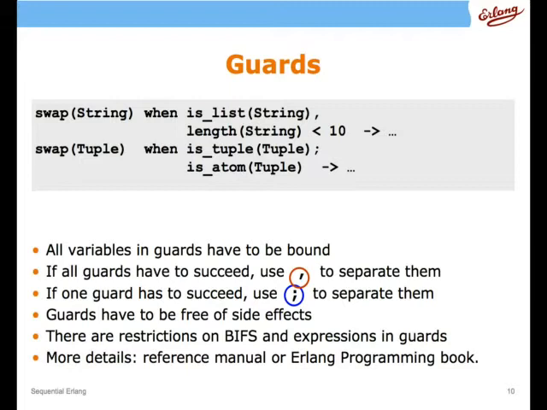Semicolon is disjunction, so if you look at the second example, that is checking whether the input is a tuple or is an atom. And you can combine commas and semicolons. I would advise you to use parentheses if you're going to do that.